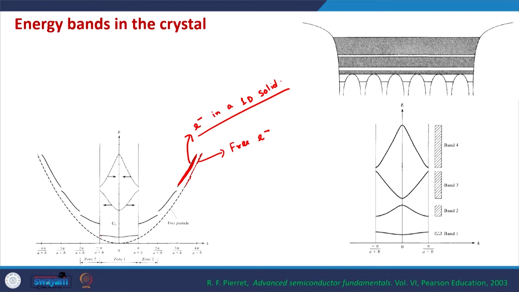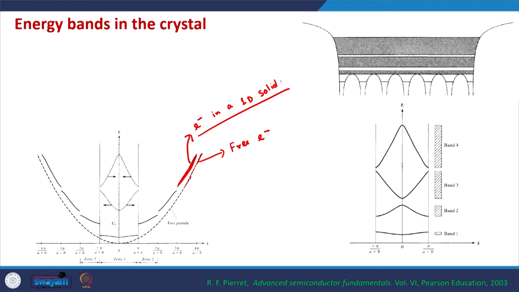Low energy electron means that the electron is confined in the solid, or not tightly confined, I would not say tightly because that word has been used in a different context. The electron does not have too much energy to move away from atomic cores, but it is still moving in the solid.